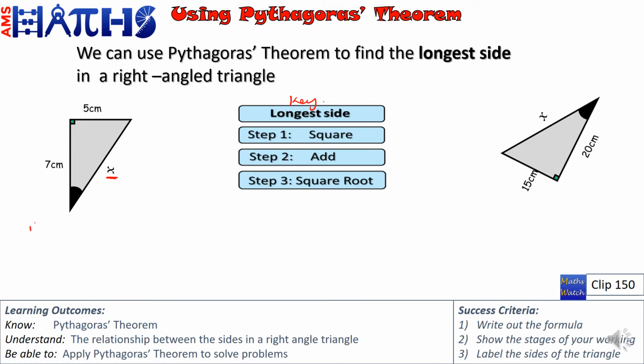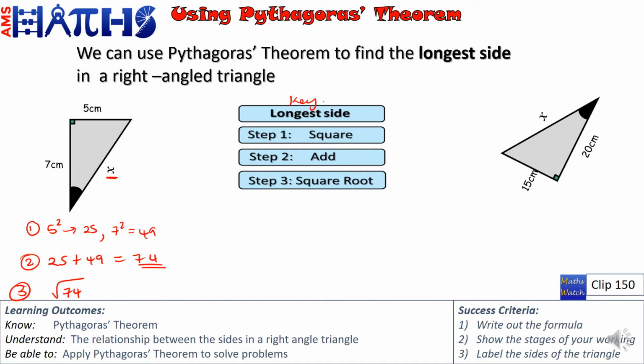So step 1 is to square 5, which is 25, and also square 7, which is 49. Then step 2, we add them together. So 25 plus 49, let's write that down. 25 plus 49 is equal to 74, and once we get that, our last step is to find the square root of 74.